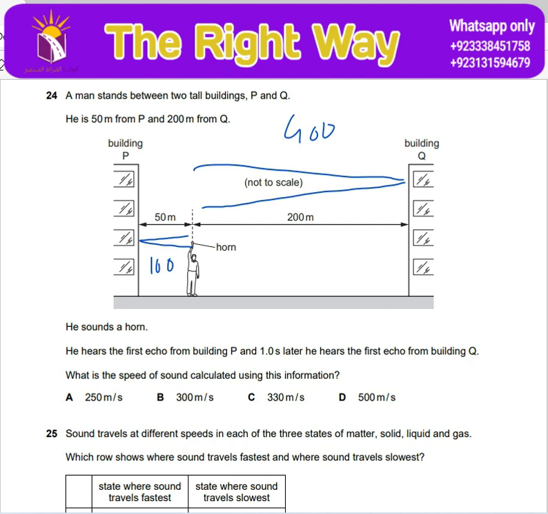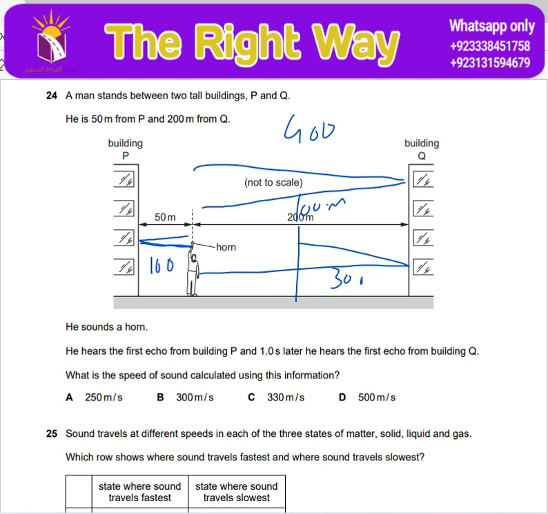Okay, 100 meter travelled till here, and on this side 100 meter our sound has travelled till here when he heard the first echo, and after that our sound travels 300 meter on this side, and it takes 1 second for the second echo.